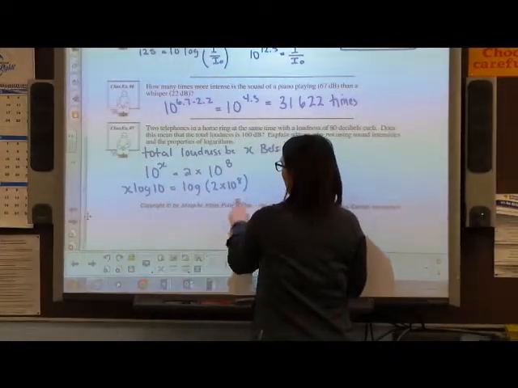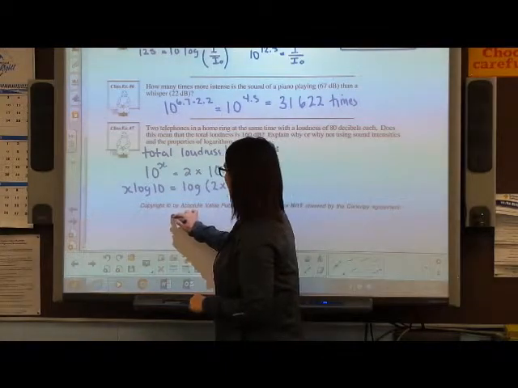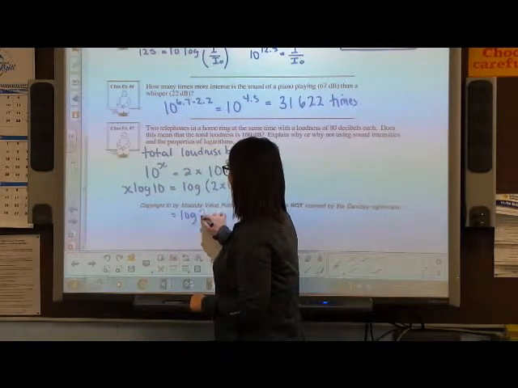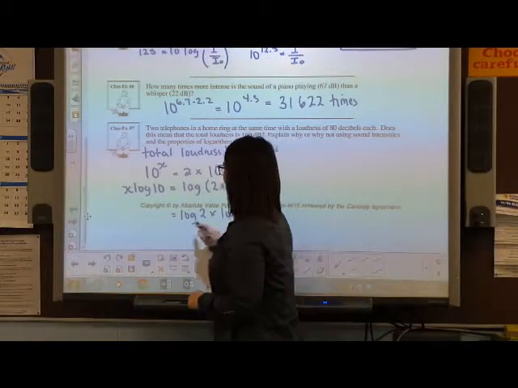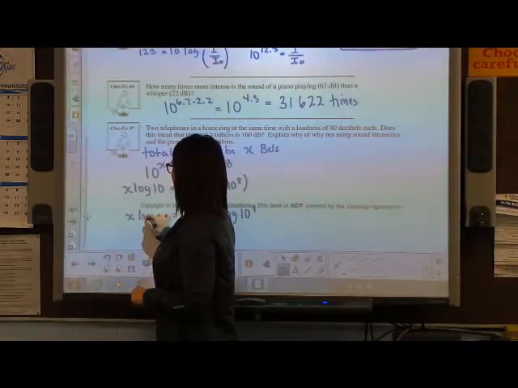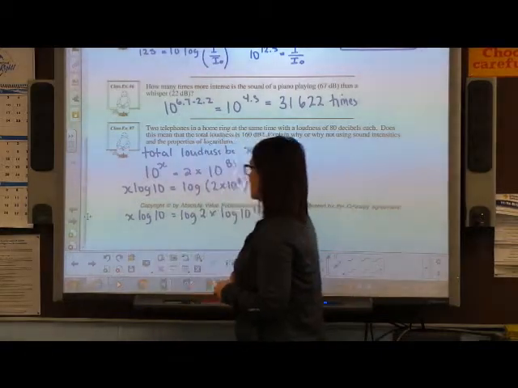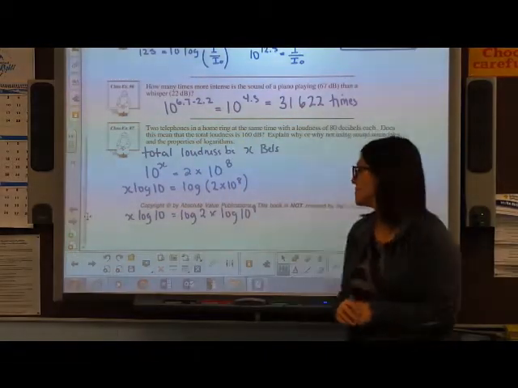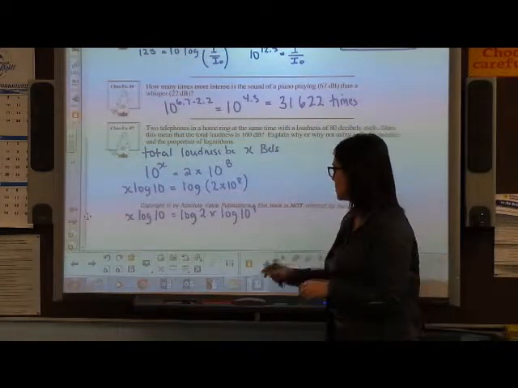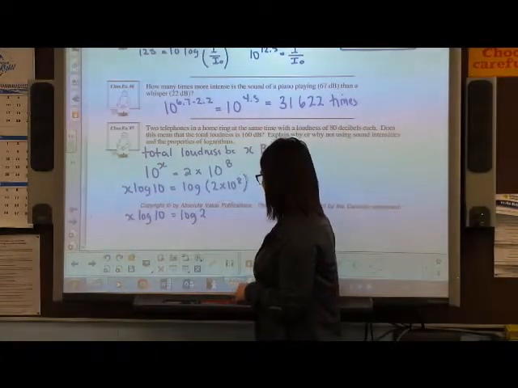Right here I have the product law, so I can split that up into log 2 plus log 10 to the power of 8 equals x times log 10. Oops, sorry, there should be a plus, not a times.